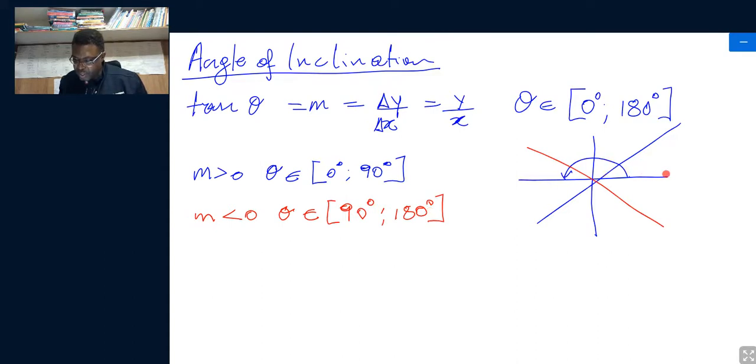Because here we have 0 degrees, here we have 90 degrees, here is 180 degrees, this is 270 degrees, this is 360 degrees. That is it. What more could you want? That is all about gradients.